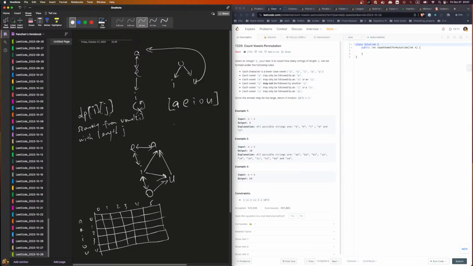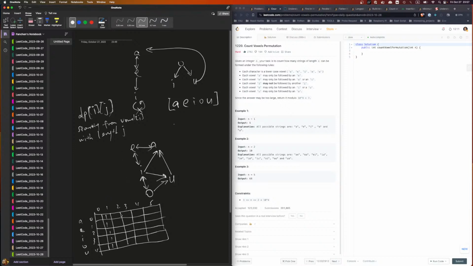When the length is 0, how many different ways is that? It should be 1, and we deal with the zeros later. Starting from A with length 1, that's only 1. Starting from E, these are all 1.